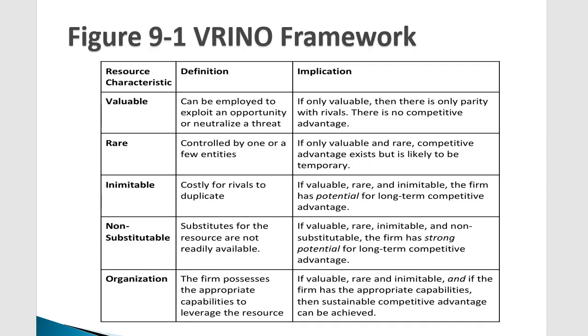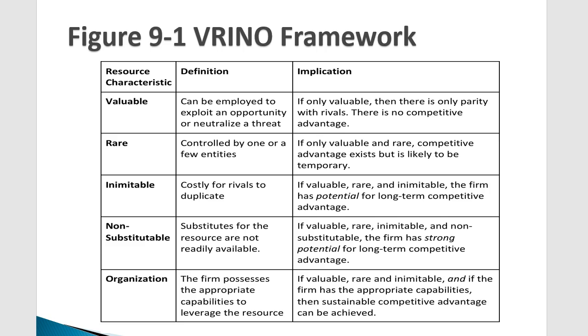Okay, so here is a framework, the VRINO framework, that can help strategic managers evaluate the corporate qualities and resources controlled by an organization. So it has 5 progressive characteristics to follow in an assessment of the concepts of objective value.